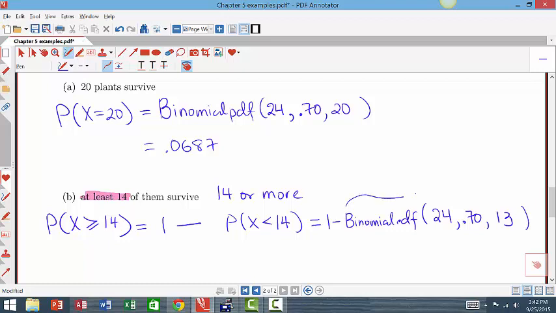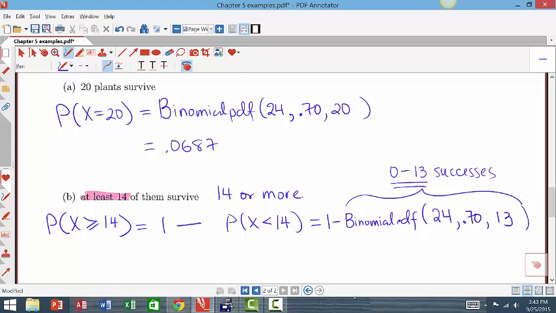Your calculator cannot compute from, let's say, 14 up to 24. It can only do from 0 to a certain value. So that's why we have to use the complement here.